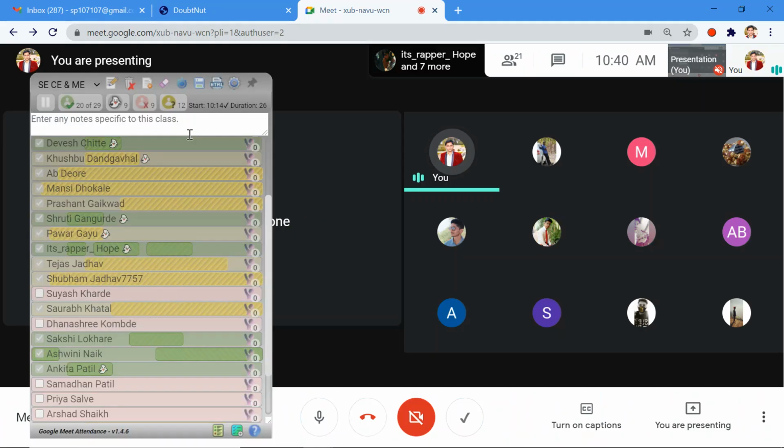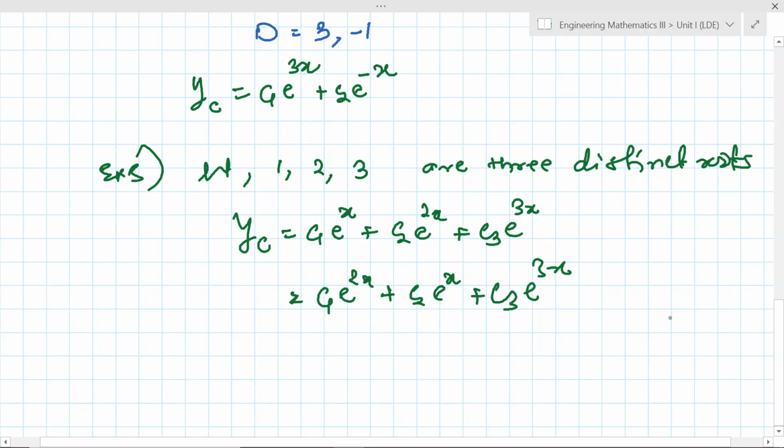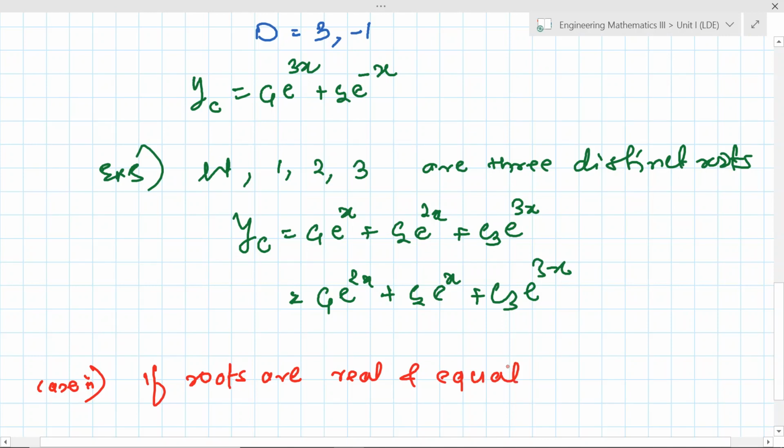Yes, is there any doubt related to this? Okay, so hope you have got this. Now let us move to the second case, case number 2. If roots are real and equal, repeated.